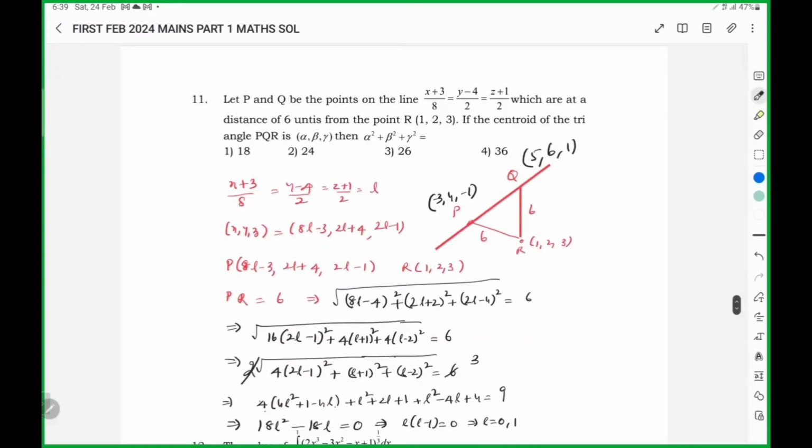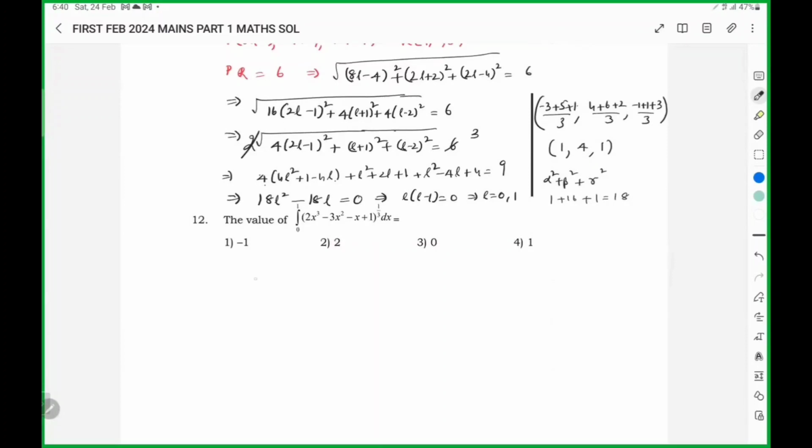After getting the PQ coordinates, you can find the centroid, that is minus 3 plus 5 plus 1 by 3, 4 plus 6 plus 2 by 3, minus 1 plus 1 plus 3 by 3. 6 minus 3, 1 here, 8 plus 4. So this is the centroid. So alpha square plus beta square plus gamma square, we get 18. So the first option is correct.